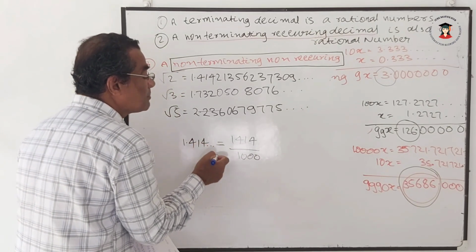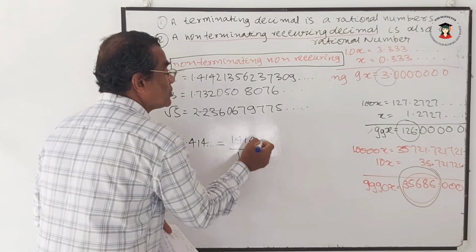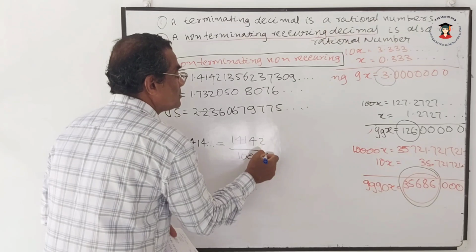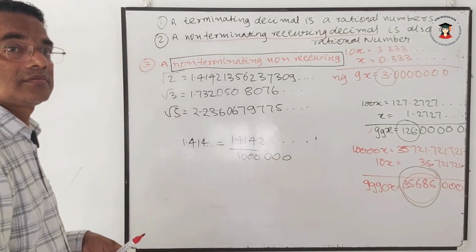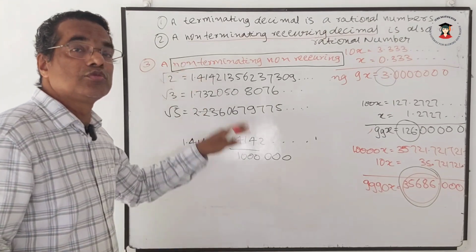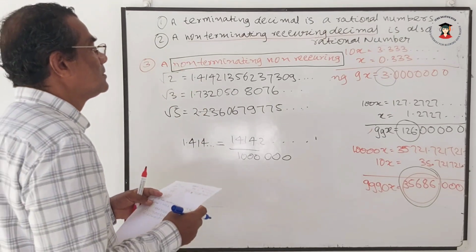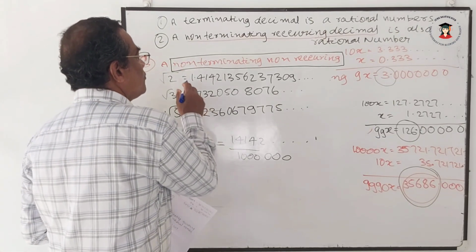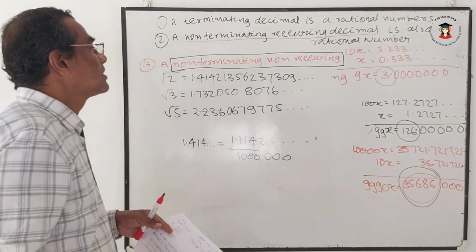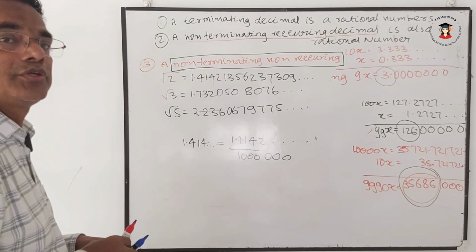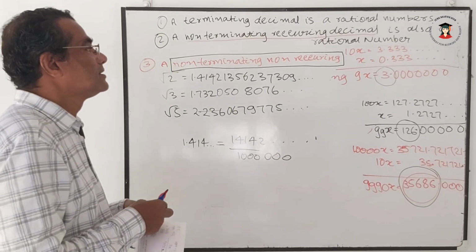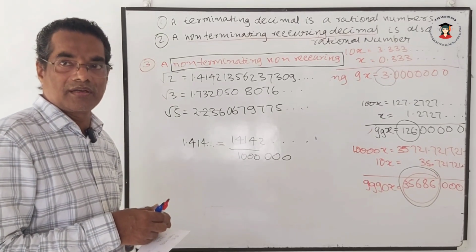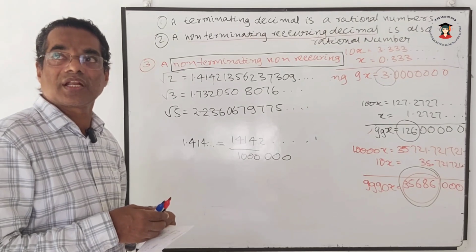Since the digits are not repeating, how many zeros will you put? So by those two methods, we are unable to convert these decimals into rational numbers. And till date, there is no method available to convert these into rational numbers.